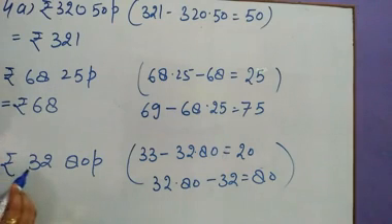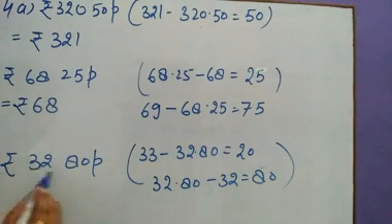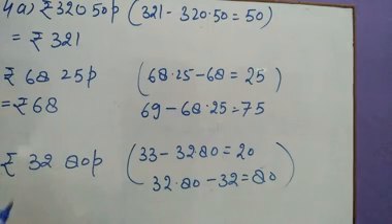Now 32 rupees 80 paise. 32 rupees 80 paise lies between 32 rupees and 33 rupees.